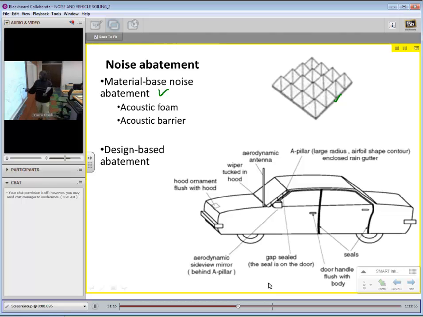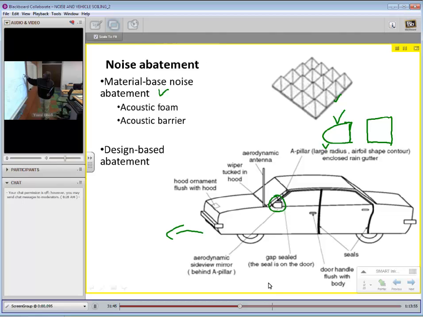The side view mirror, we want to have an aerodynamic side view mirror. Since the direction of the vehicle is going this way, you want a mirror that is kind of like this. Want a mirror that's like that, rather than a mirror like this. Okay, this is certainly preferred, and designers have wised up to that, and so you see most of the mirrors do that.